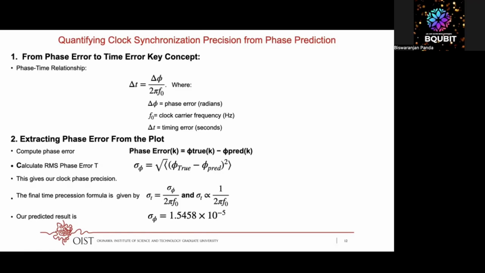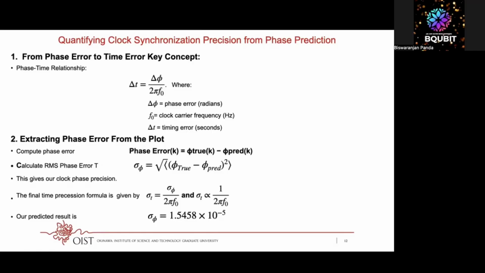So after getting this value, sigma t is inversely proportional to the frequency of the clock, because here we have predicted sigma phi equal to 1.5458 times 10 to the power minus 5.